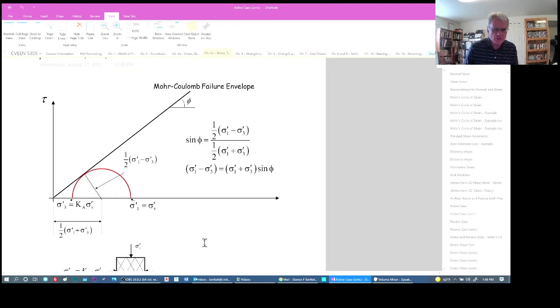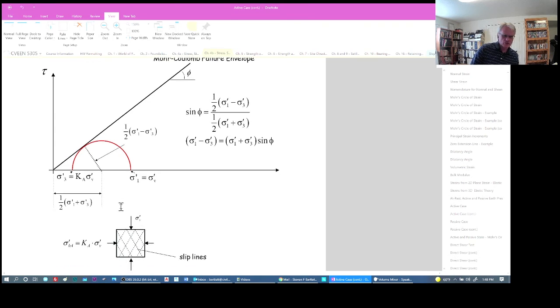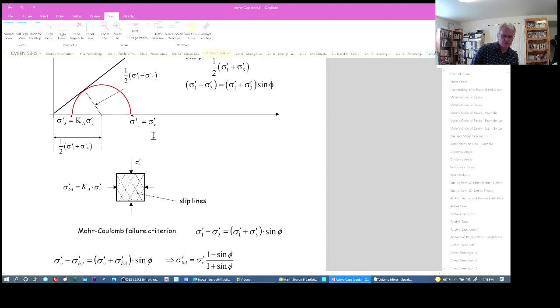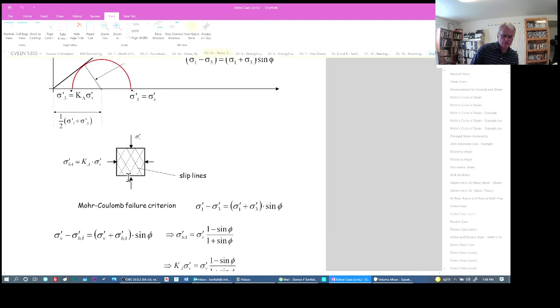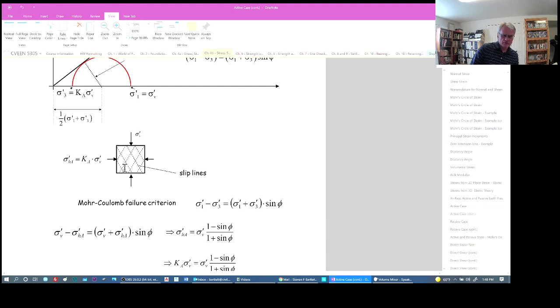So this is just showing everything using essentially the trigonometry of how to get these constructions, using our notation of sigma 1 as the principal major stress, sigma 3 prime as the minor principal stress, and the potential failure plane shown in here, and the states of stress both in the vertical and horizontal direction at failure, because notice we're using Ka, and so that means we've reached the failure state here.